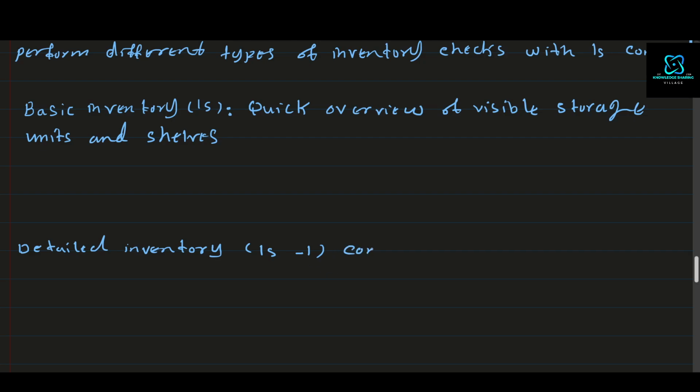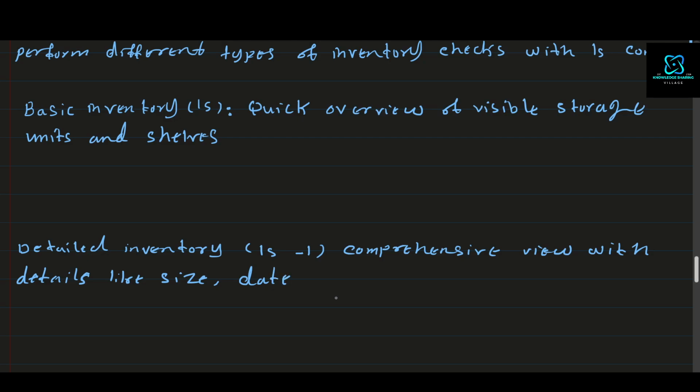It is a comprehensive view with details like the size of the item, the date of modification or creation, and the ownership, and some other details about each item.